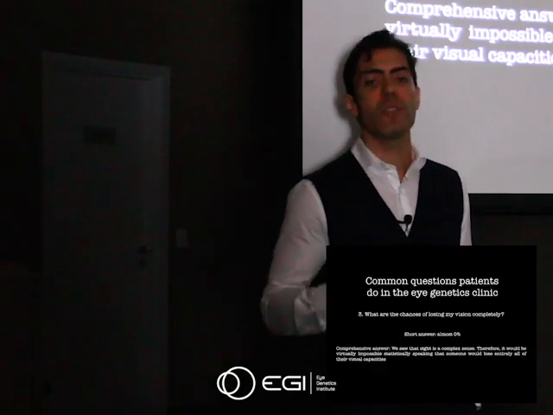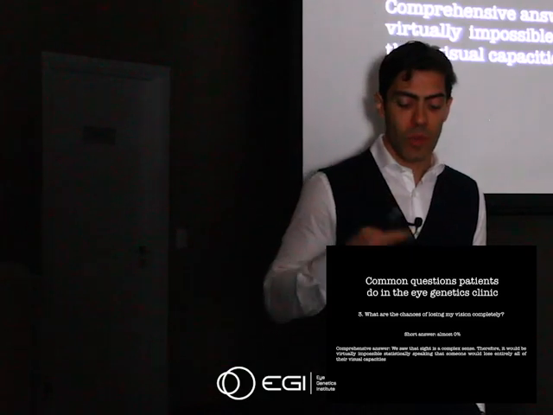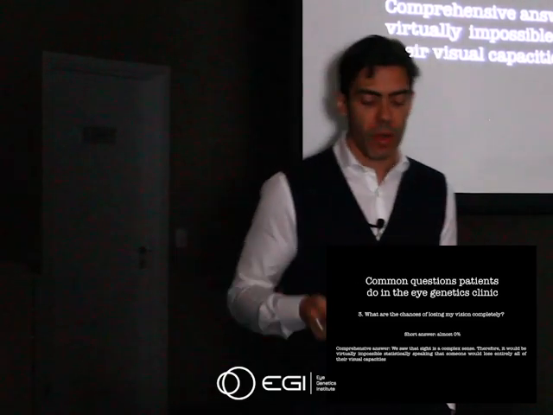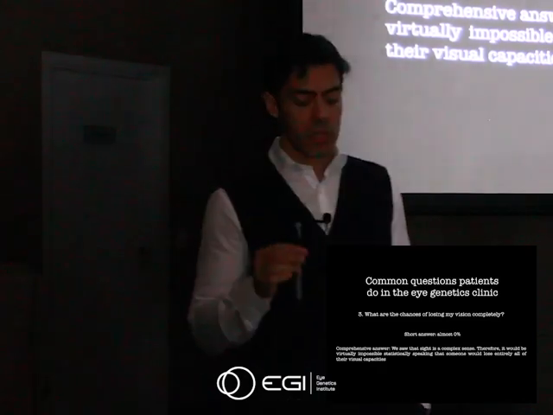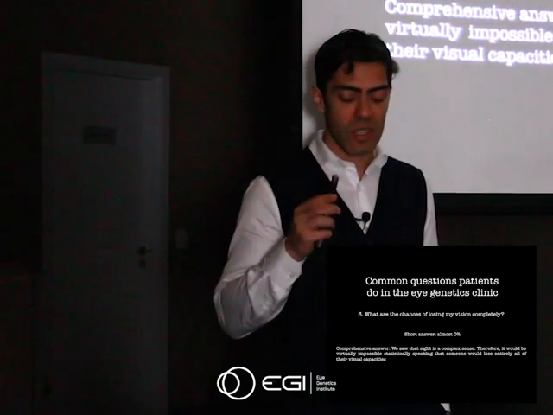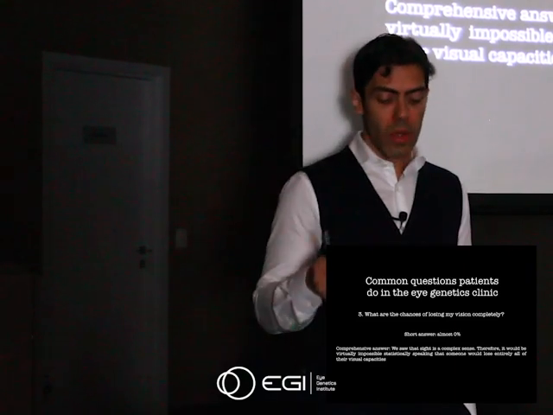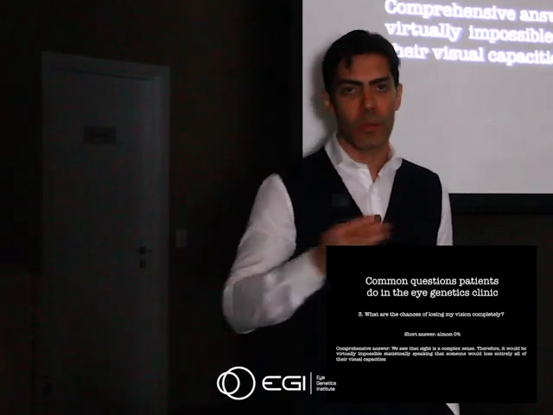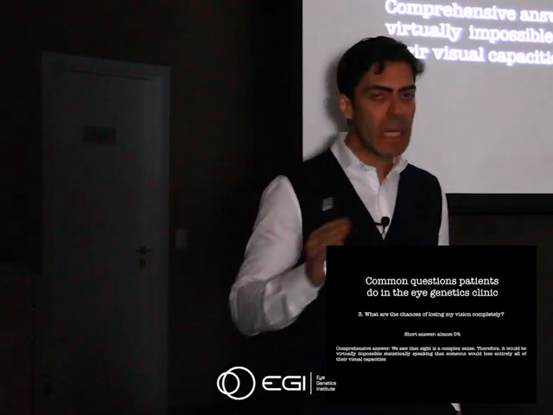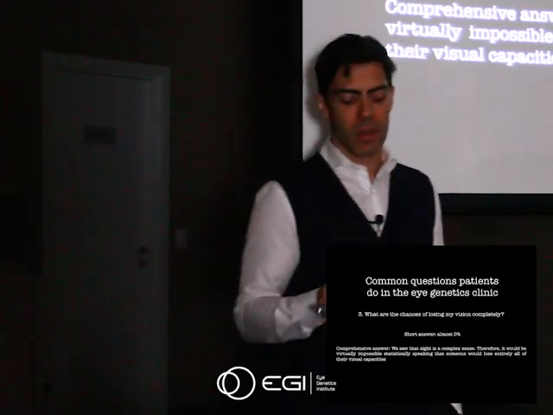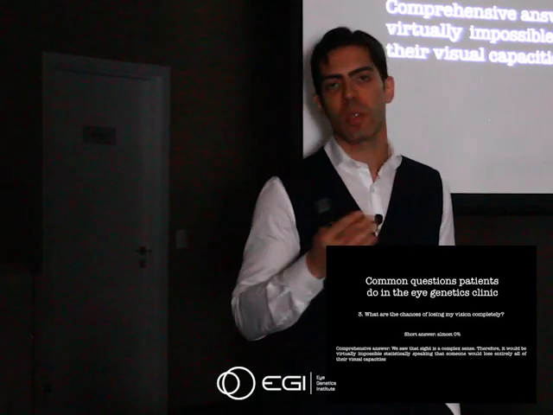The comprehensive answer for that is we just saw that sight is a complex sense. Therefore, it would be virtually impossible, statistically speaking, that someone would lose entirely all their visual capacities, all the parameters affected, completely affected. So that's why it is statistically almost impossible.